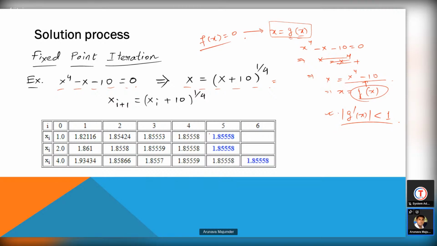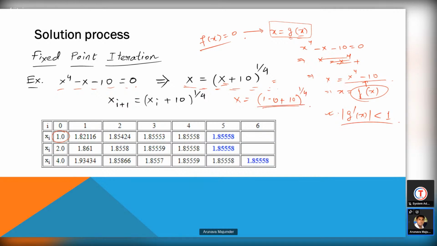So how to do this? First we will discuss only the computational technique. After getting the x equal to g(x) form, we need to consider an initial value of x. Here you can see the initial value is considered as 1.0. If I put 1.0 here, x equals (1.0 plus 10) whole to the power 1 by 4.